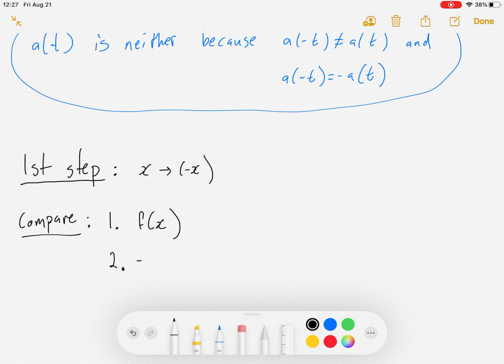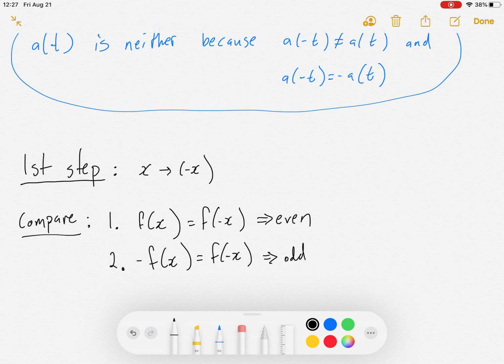And if that doesn't work, you're comparing with negative f of x. And then if neither one of those works, then it's neither. And that concludes even and odd functions.